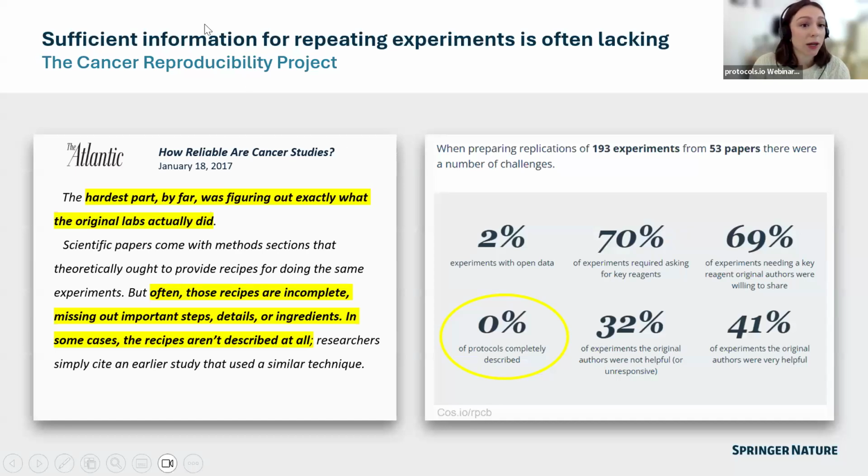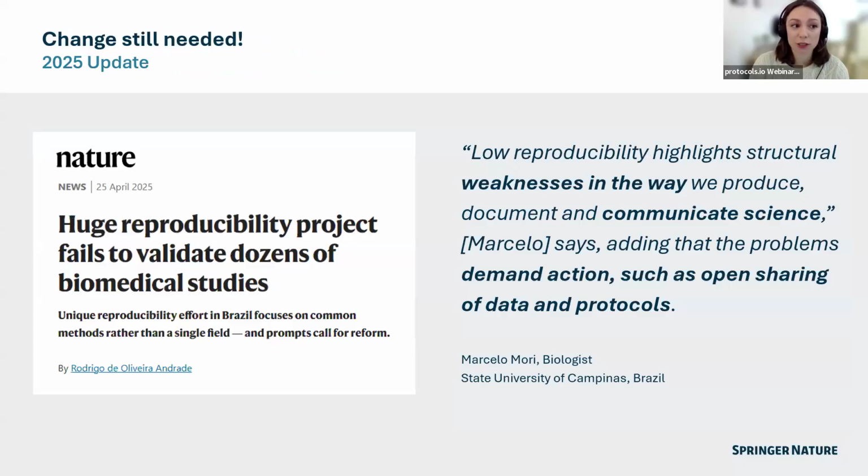So this happened 10 years ago, back in 2017, but fast forward to now, and there is still change needed. This is another write-up of a different study that was published just a few months ago.